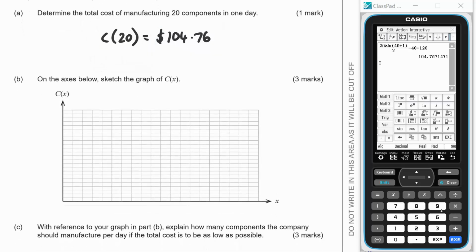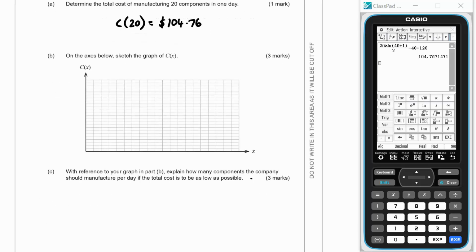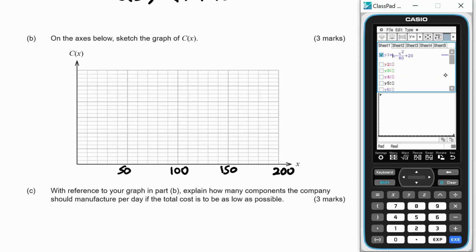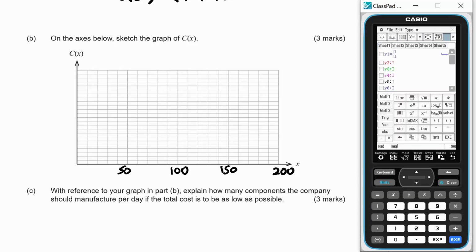On the axes below, sketch the graph of C of X. Well, we know that we can do a maximum of 200 components. So if we do that, and then we want to graph this. So let's go to graph and table, and let's program in this particular function.